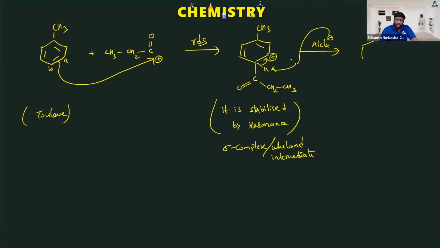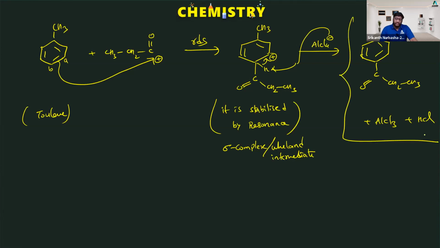AlCl4 minus picks up the proton, that CH electron density comes in, and as soon as AlCl4 minus picks up the proton, we generate AlCl3 plus HCl back. So the Lewis acid is obtained again. Is that clear how to produce the product? Yes or no?